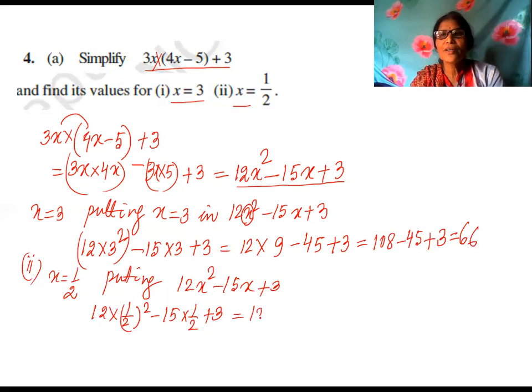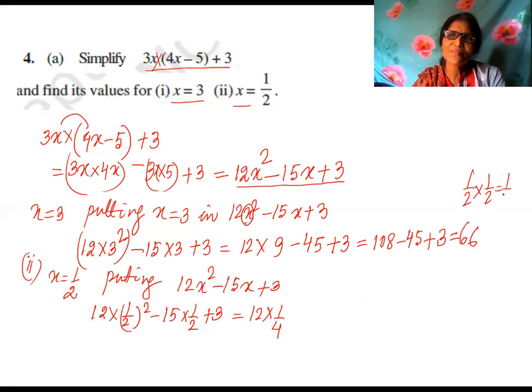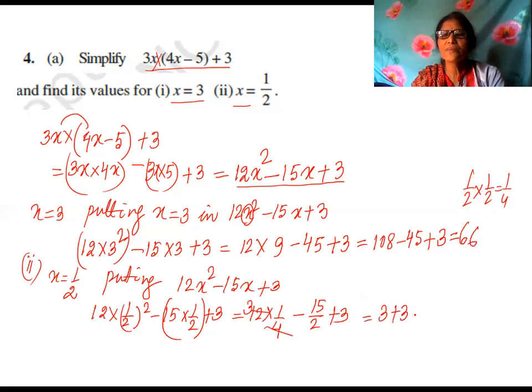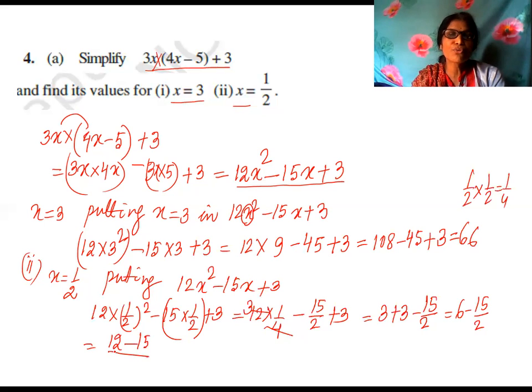So 12 into half square is half into half, which is 1 by 4. 12 into 1 by 4 is 3, minus 15 by 2, plus 3. So 3 plus 3 is 6, 6 minus 15 by 2. Simplify with the LCM, it will be 2. 12 by 2 minus 15 by 2. You are getting minus 3 by 2 as the answer.